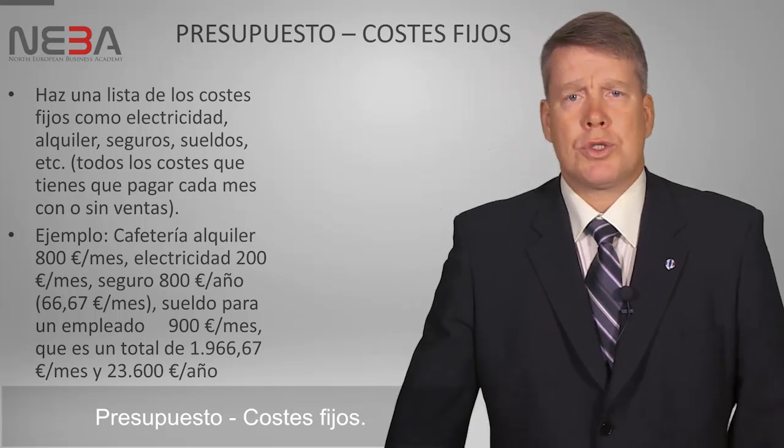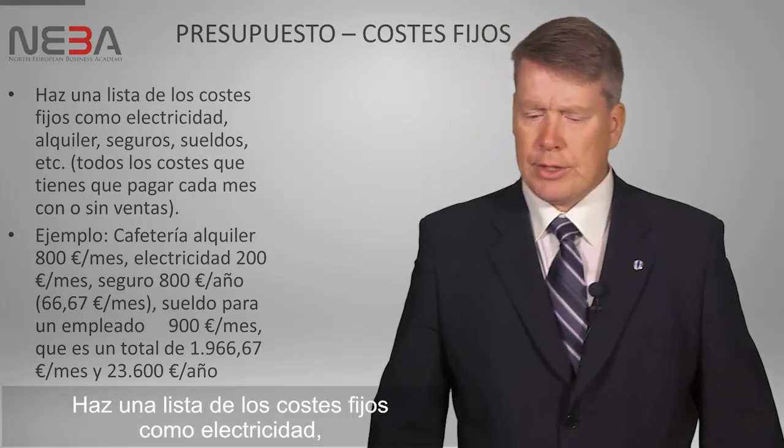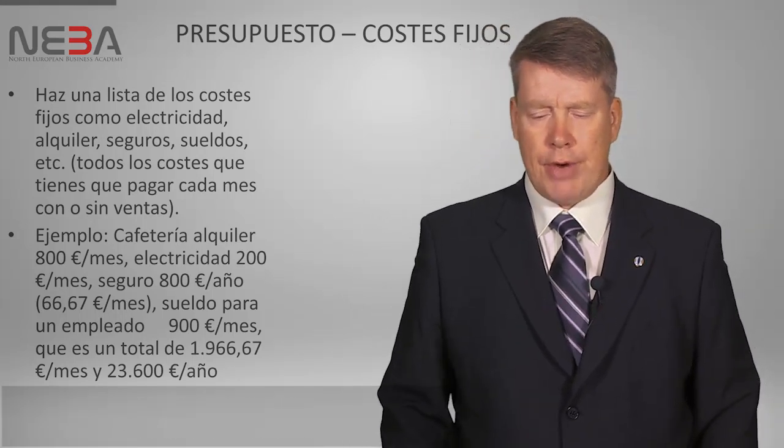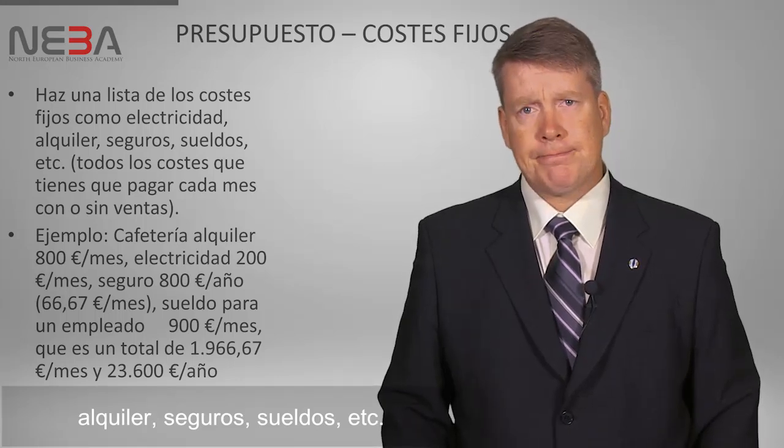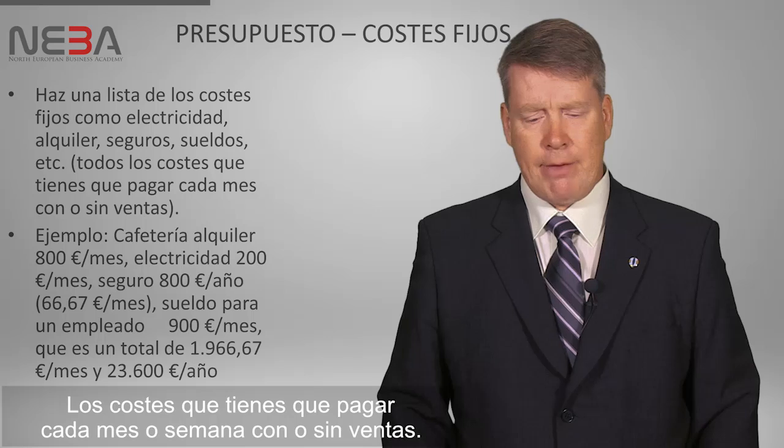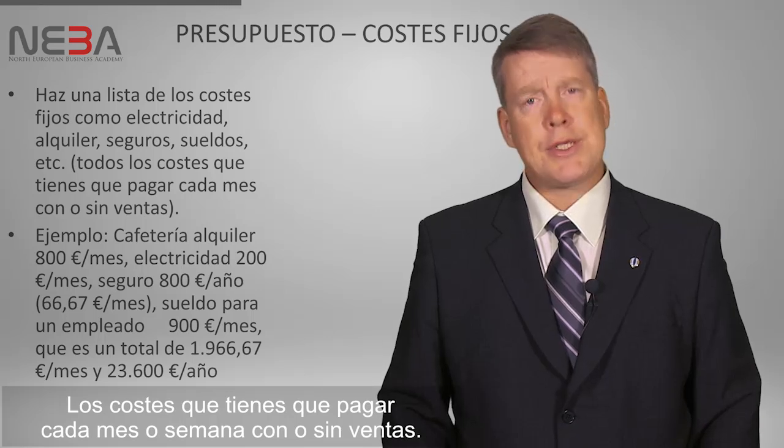Budgeting fixed costs. Make a list of fixed costs like electricity, rent, insurances, salaries, etc. These are costs you pay every month or per week, whether you make sales or not.